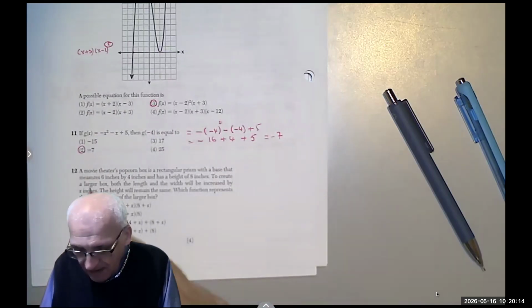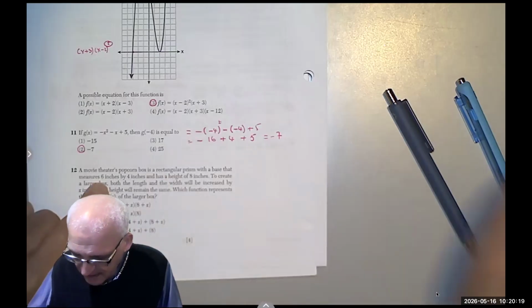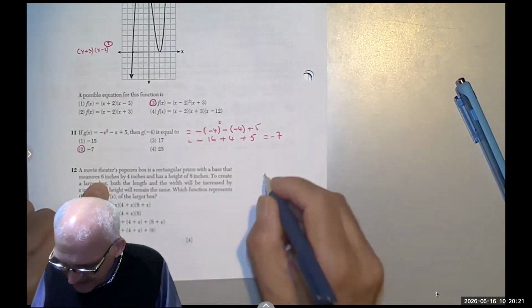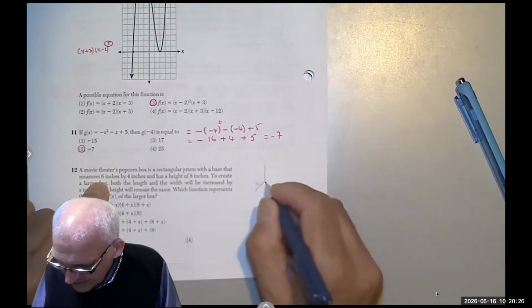Next, a movie theater's popcorn box is a rectangular prism with a base that measures 4 and 6.